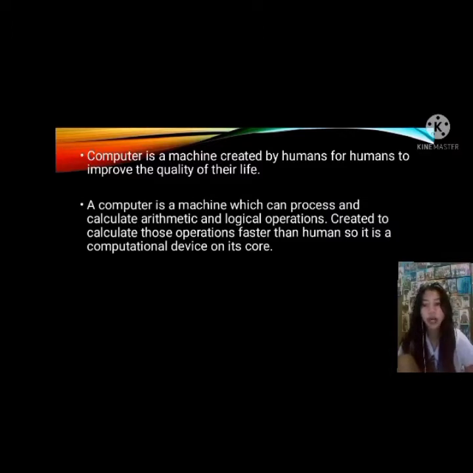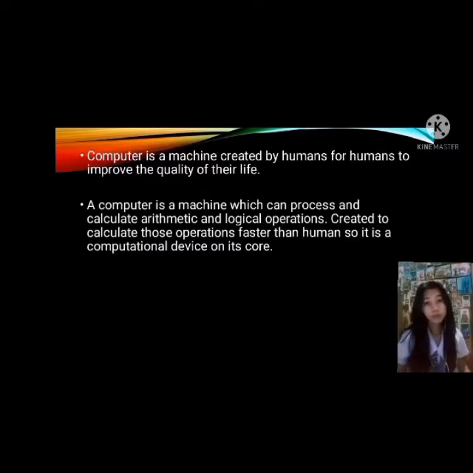So a computer is a machine that can process and calculate arithmetic and logical operations, created to calculate those operations faster than humans. So it is a computational device at its core.